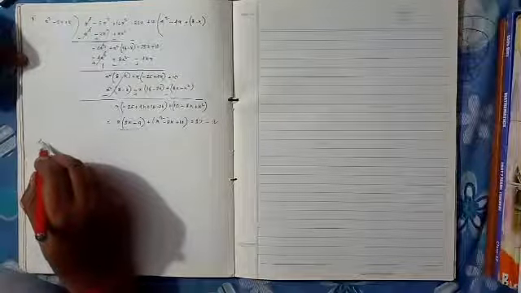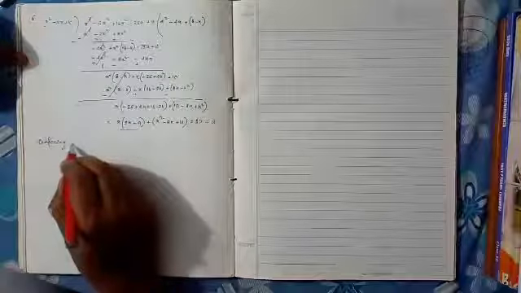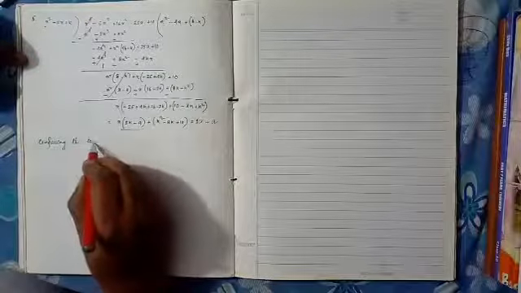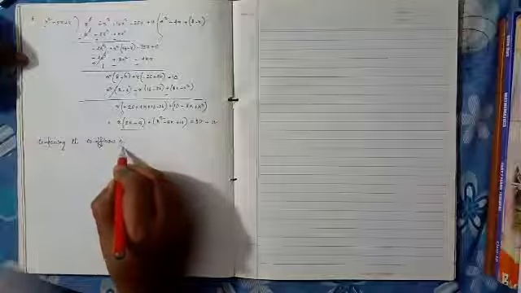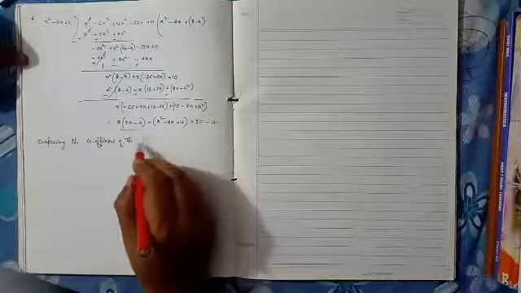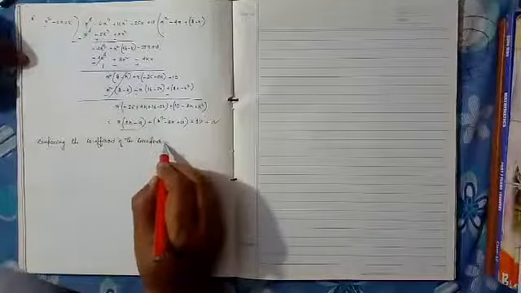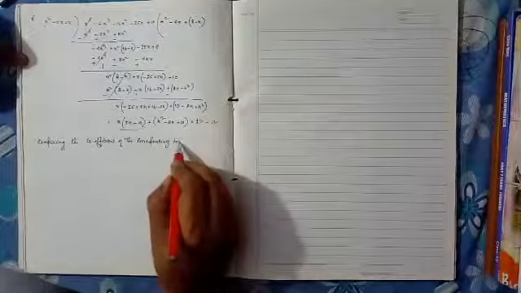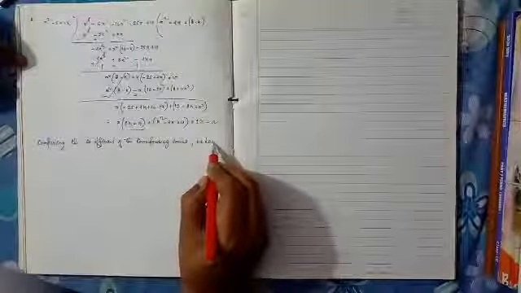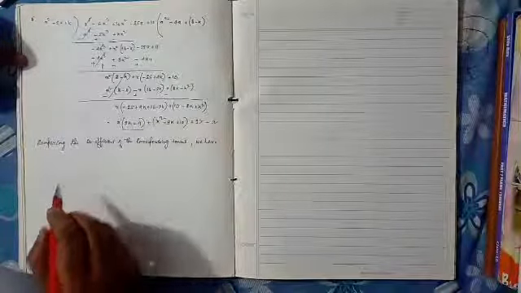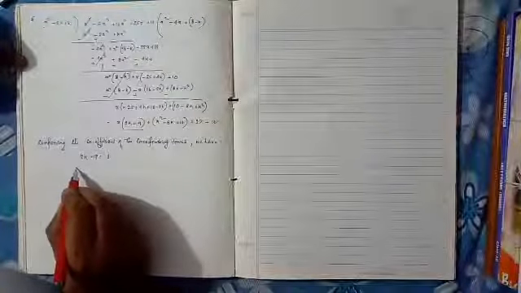So comparing the coefficients of the corresponding terms, we have 2k minus 9 is equal to 1.